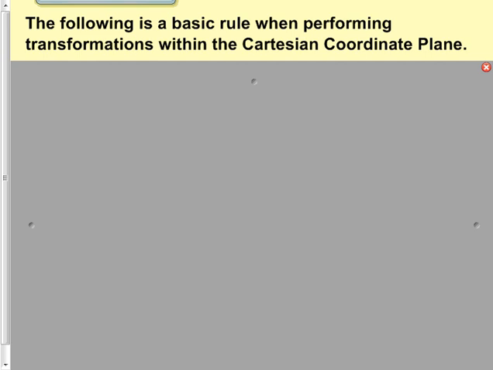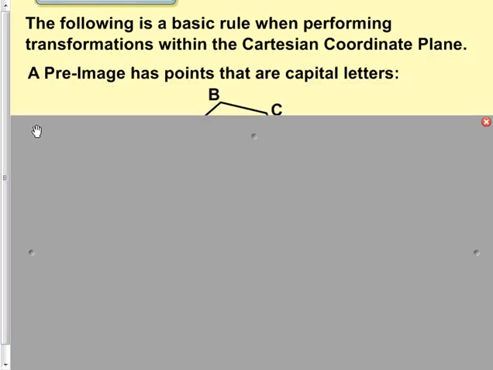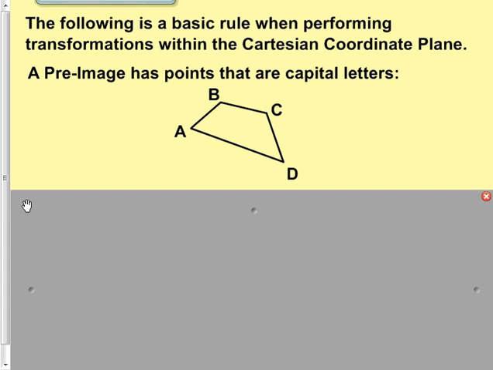Okay, now a basic rule when performing transformations of any kind within the Cartesian coordinate plane. Now you may be familiar with this, maybe not, just depends on who you had as a teacher in junior high. But let's take a look. We've already used the term with our transformations of pre-image and image.